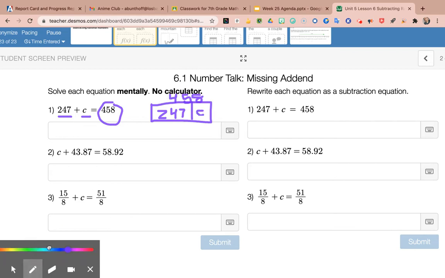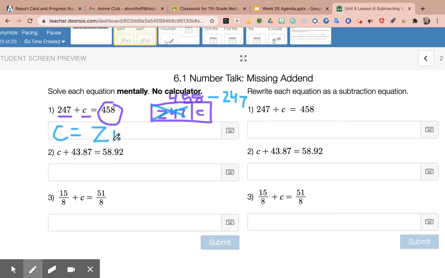So if I subtract 247, if I take it away from the whole, I'm going to be left with C. So for each of these, we can do the whole minus the piece. So 458 minus 247 will be your answer. You can type in C equals and the number, or just the number. So 458 minus 247 was actually 211.